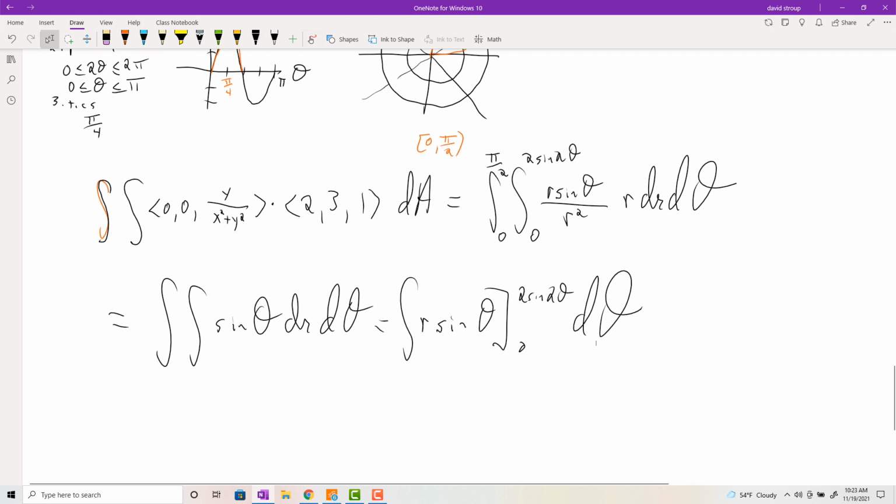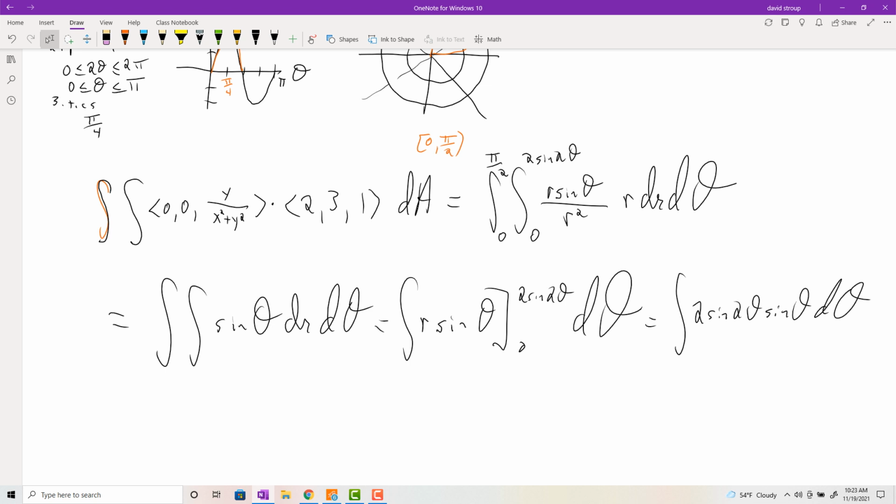Substitute in that expression for r. We'll end up with the integral of 2 sine 2 theta sine theta d theta. I'm going to use a trig identity to rewrite that as 2 cosine theta sine theta. So I'll end up with 4 times the integral of cosine theta sine squared theta d theta.